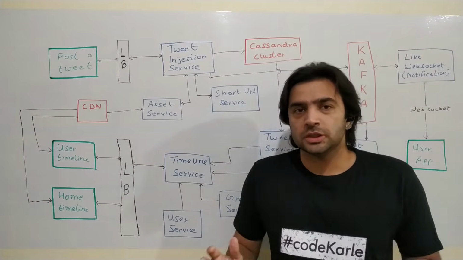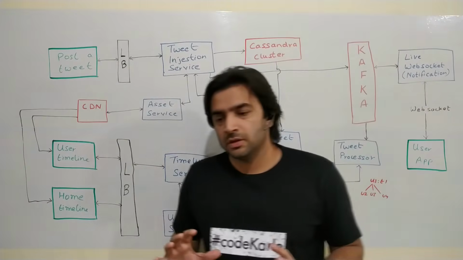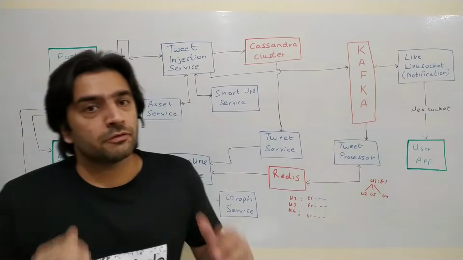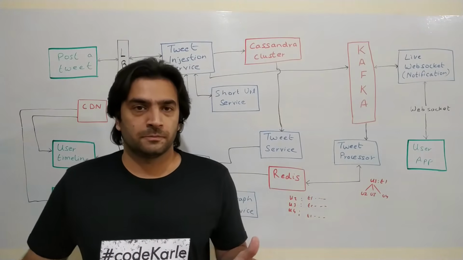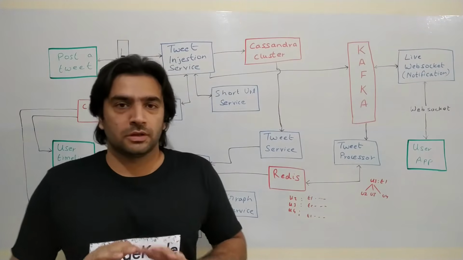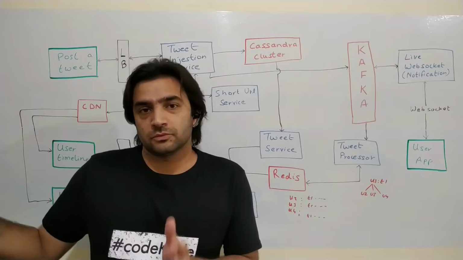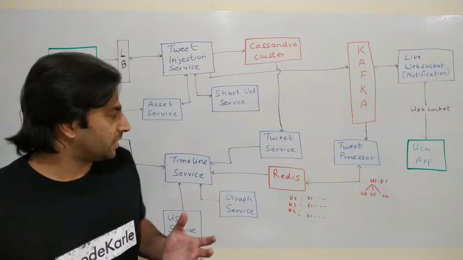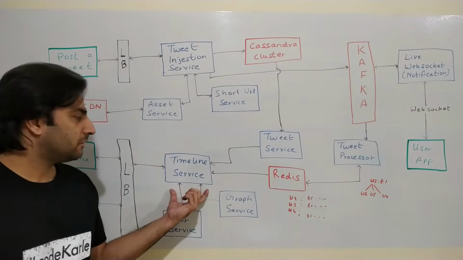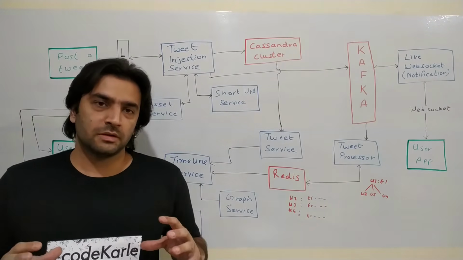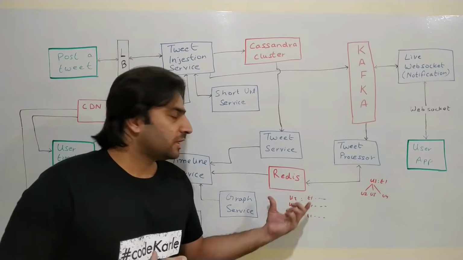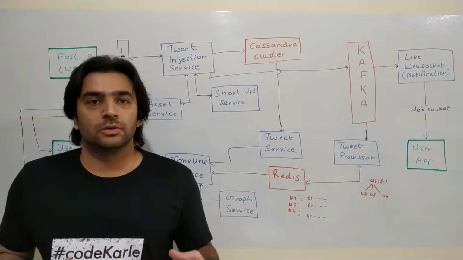So instead, what we could do is, remember, we have something called famous users. Those are the people who have a big number of subscribers or followers. We will not do any of this for those kinds of users. What would essentially happen is the timeline service will take care of merging everything. The timeline service knows that Redis has data only of tweets of normal users.